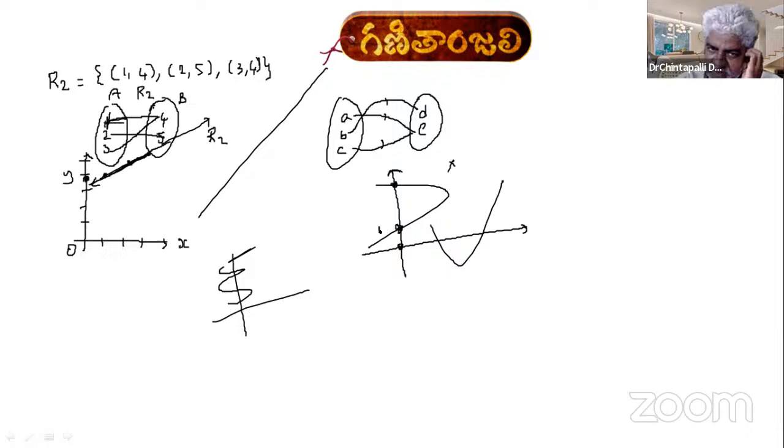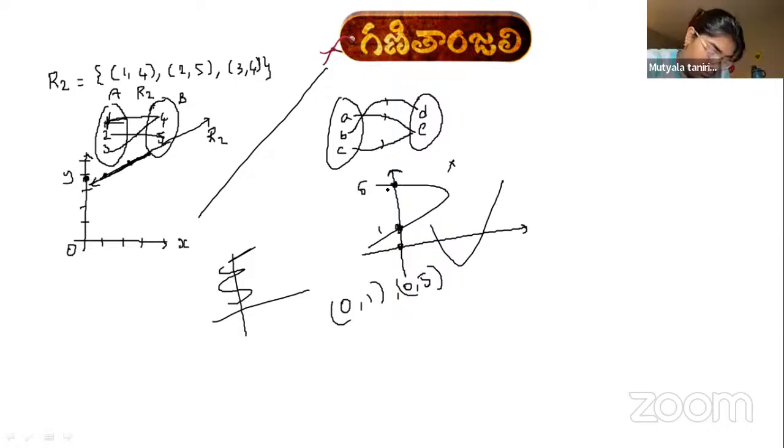For example, if it is 1 and 5, we can get the pairs like this: 0, 1 and 0, 5. That means 0 is repeated. That's why if it crosses the y-axis more than once, it is not a function.